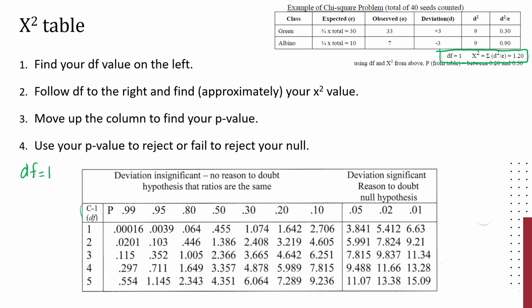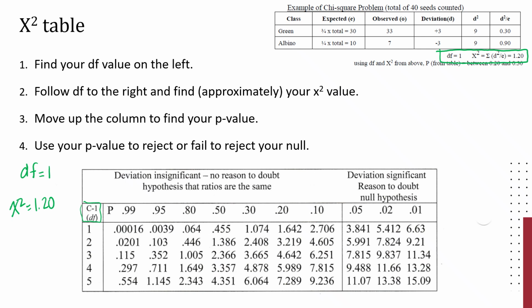Degrees of freedom is the first column, or degrees of freedom equals 1. So that means that we are going to use this first row. So our chi-squared value is going to fall somewhere in this row. So we're going to look for that chi-squared value of 1.2.